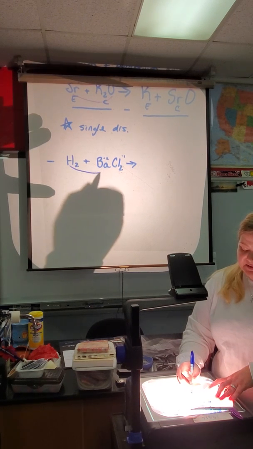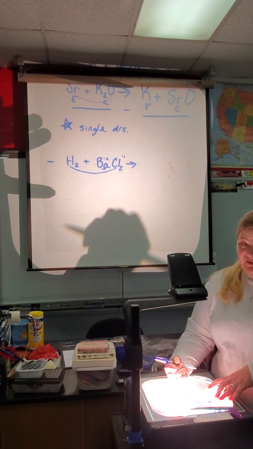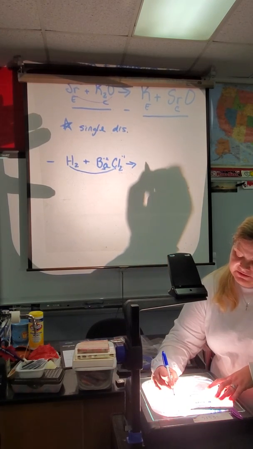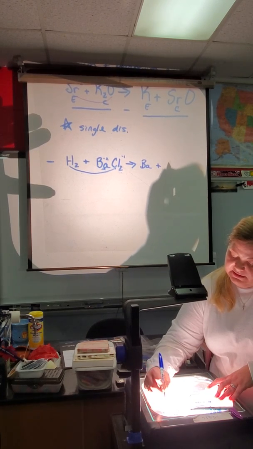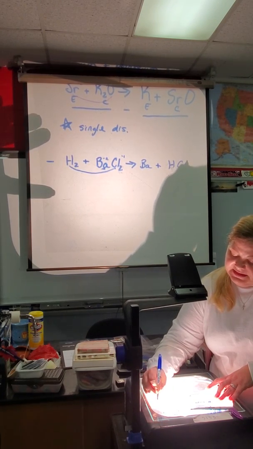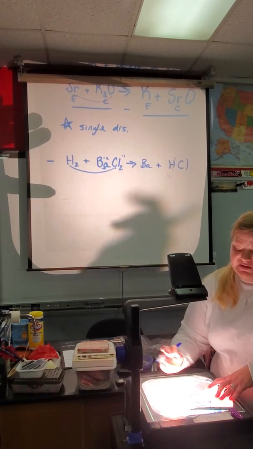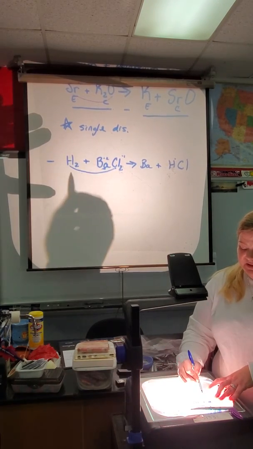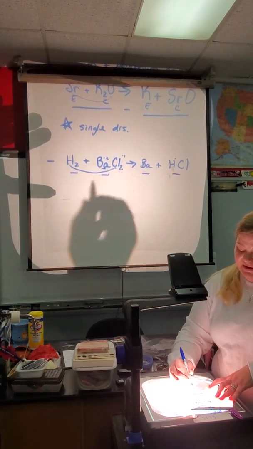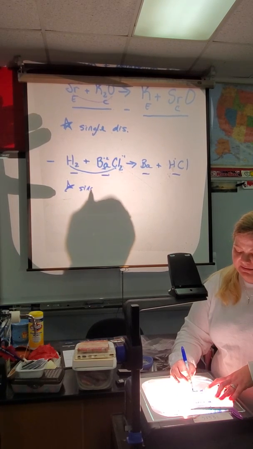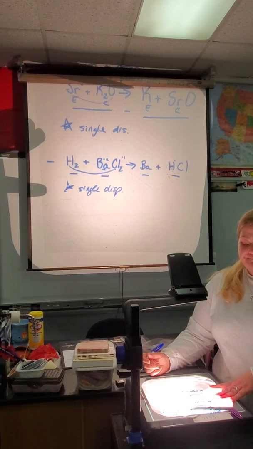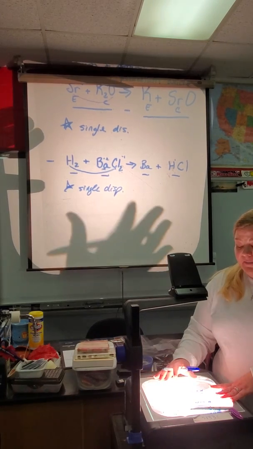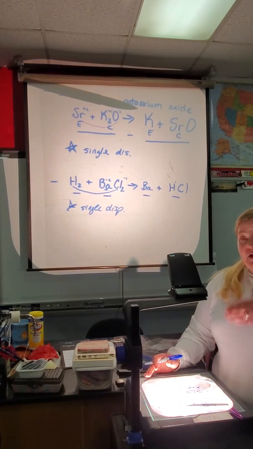That's a plus. That's going to swap and get with that negative and leave barium by himself. So then you'll have barium plus HCl, +1, -1. No subscripts. Element, compound, element, compound. This is a single displacement as well.